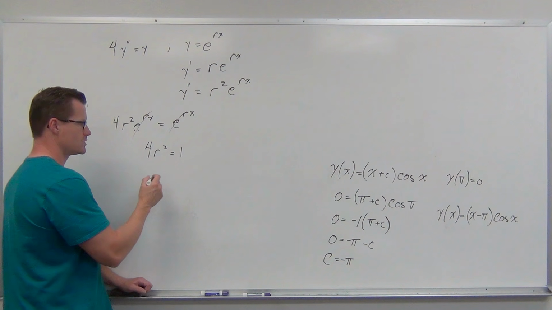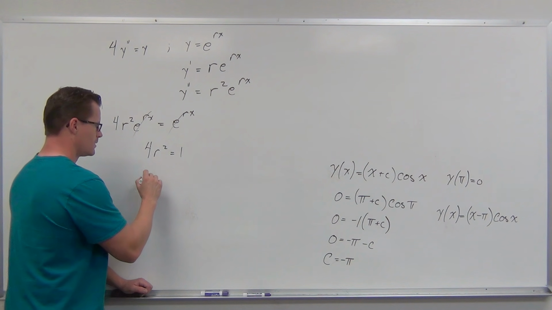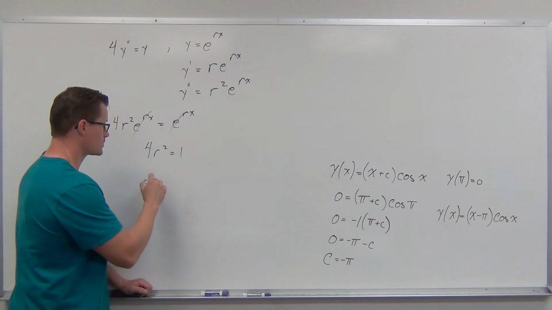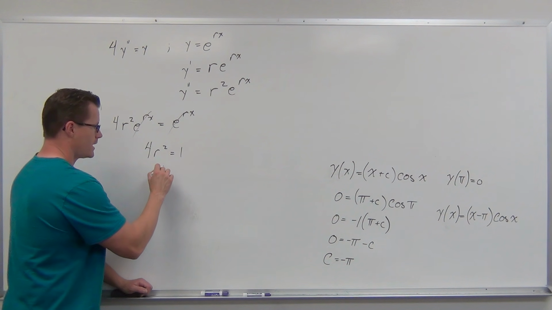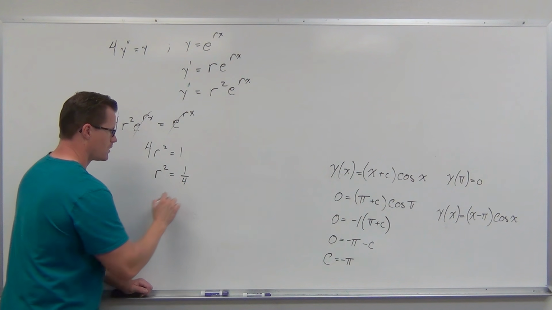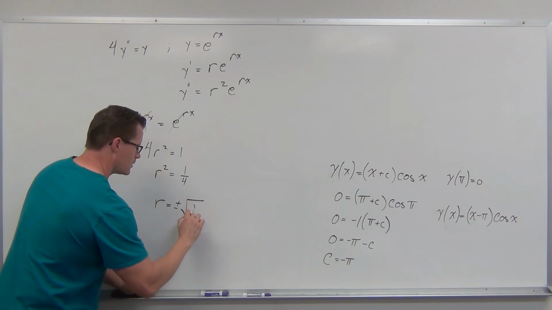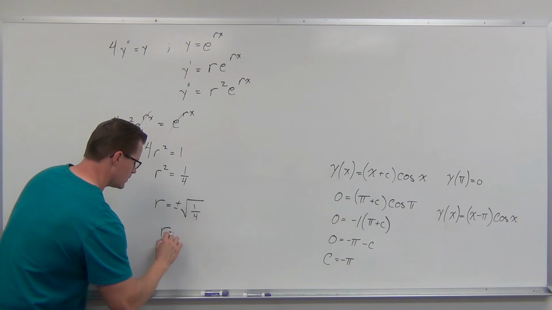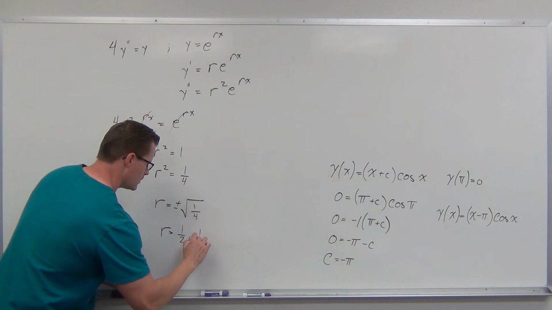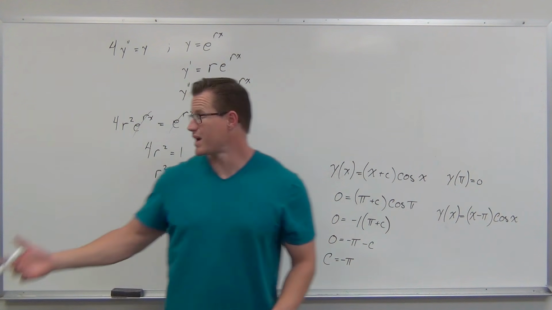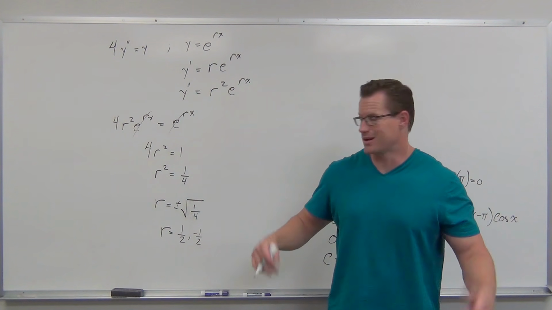But wait a minute, couldn't we just do it a number of different ways, I suppose? Couldn't we divide by 4, take a square root, other ways you could subtract the 1, difference of squares, I don't care how you do it.